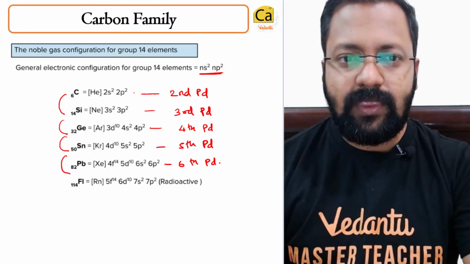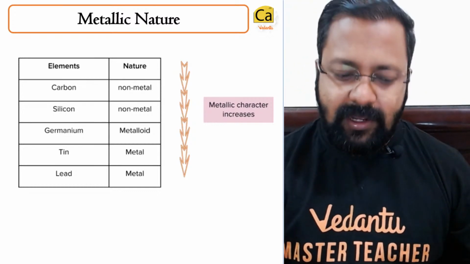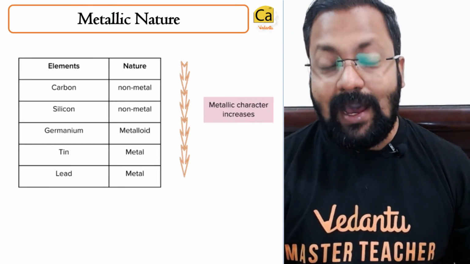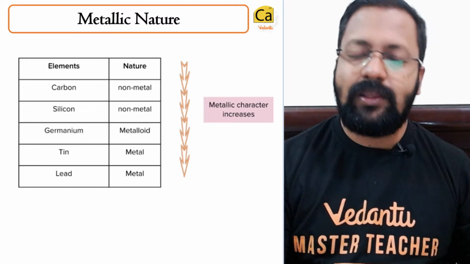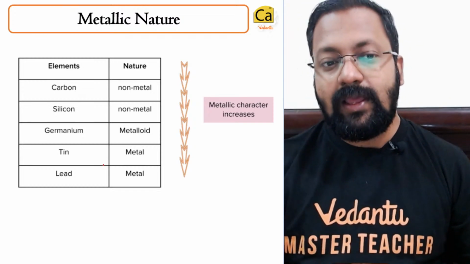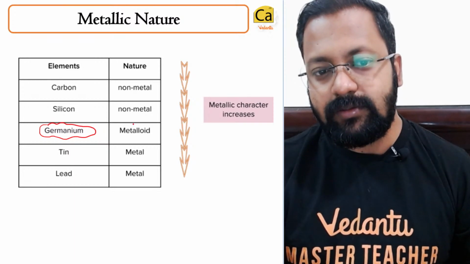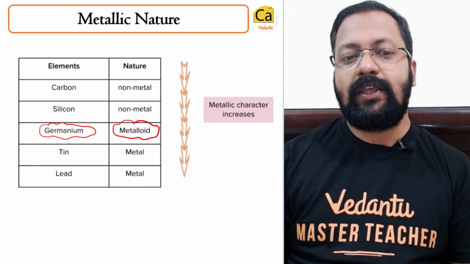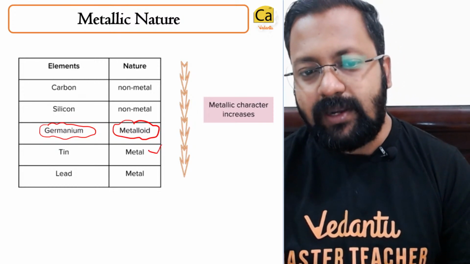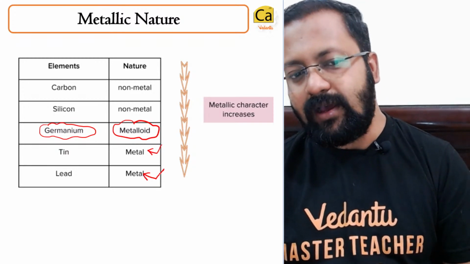Clear? Let's move ahead. First we discuss the metallic nature. अगर हम metallic nature की बात करें, then carbon is non-metal in nature. Silicon is also a non-metal. However, germanium is metalloid, and tin and lead are metals.